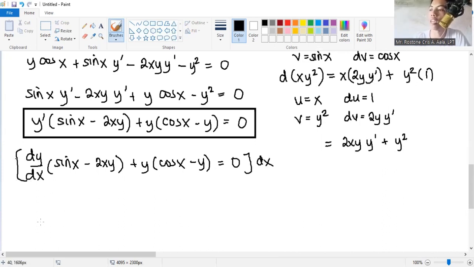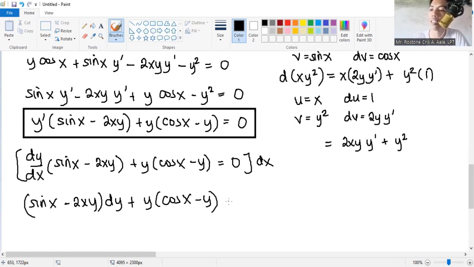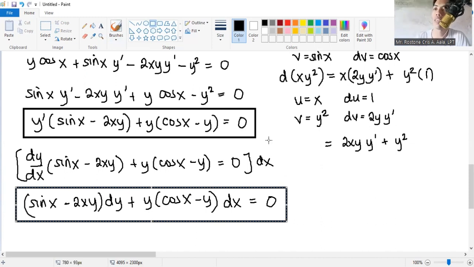So magkakaroon tayo ng sin x minus 2xy dy plus y multiplied by cosine x minus y dx is equal to 0. So this is another answer or another format of the given differential equation. So that is the answer for number 2.